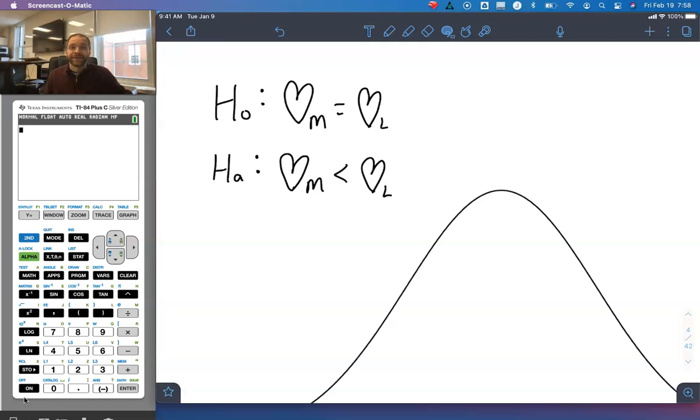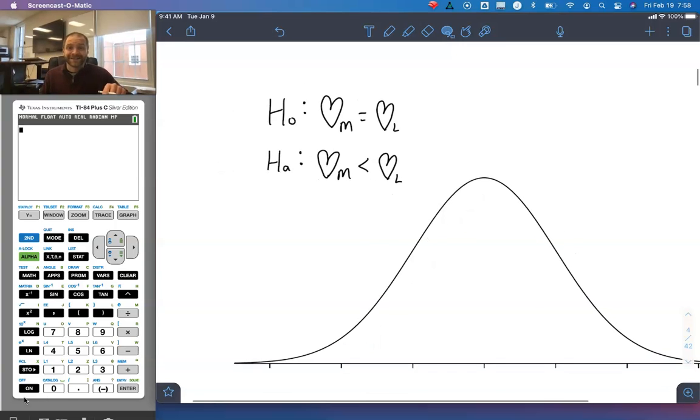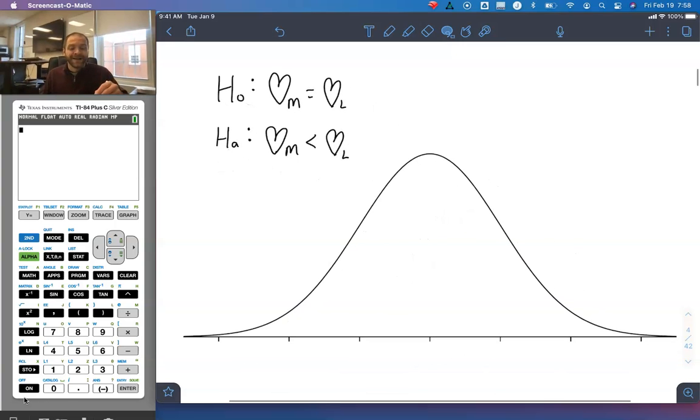The alternative is I suspect something different. I really think her love is not as much as his, that it is less than. So there's my hypothesis. And so if we're in Lloyd's world on this, Lloyd would love for it to be right here, where Mary's love for him is equal to his love for her.